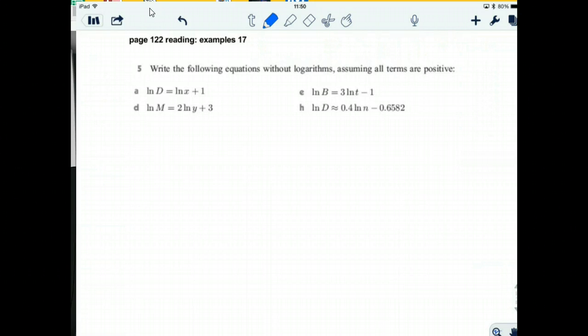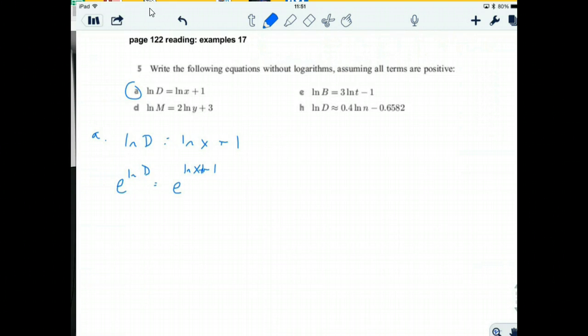Write the following equations without logarithms, assuming all terms are positive. Okay, so let's do A. Natural log of d is equal to natural log of x plus 1. Without logarithms. So if we want to get rid of the logarithms, we just need to inverse function the logarithms. The inverse function of natural log is e to the power. So we're going to write e to the natural log d is equal to e to the natural log x plus 1.